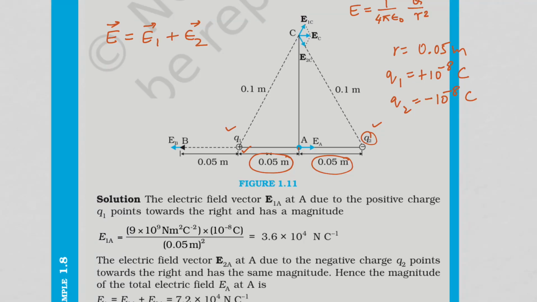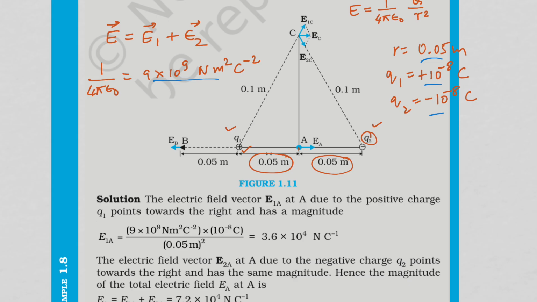Also keep in mind that 1 upon 4 pi epsilon naught is equal to 9 into 10 to the power 9 Newton meter squared per Coulomb squared. So when you plug in all these values, what do we get?